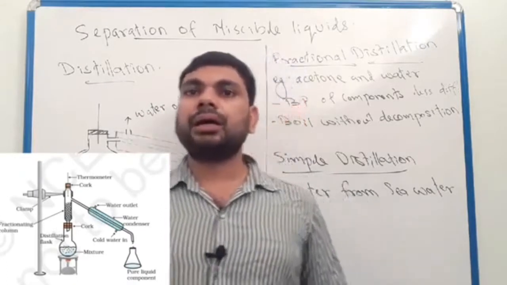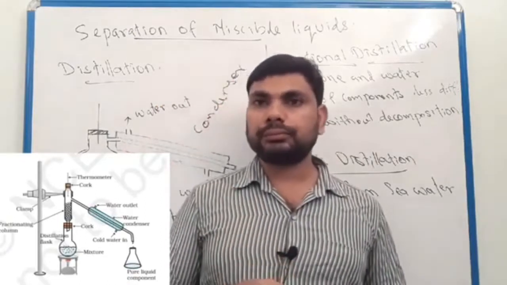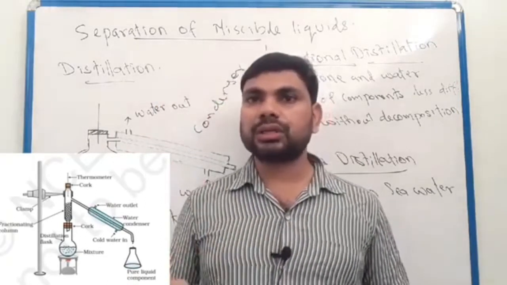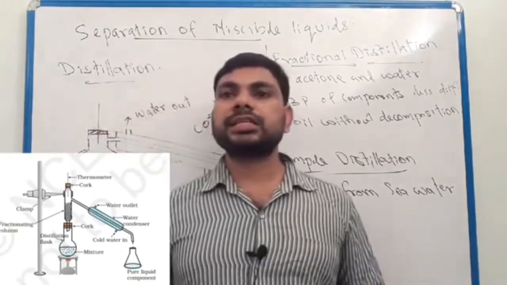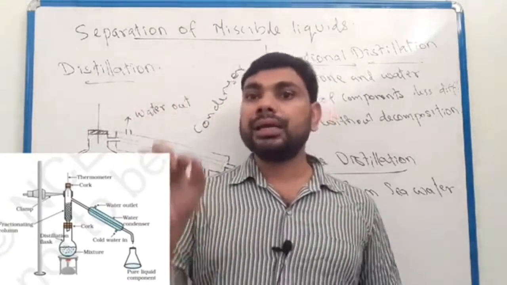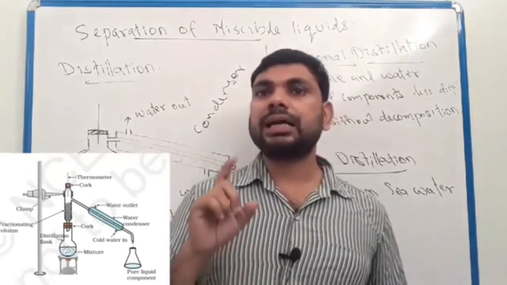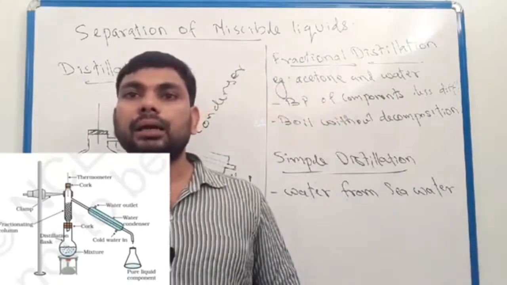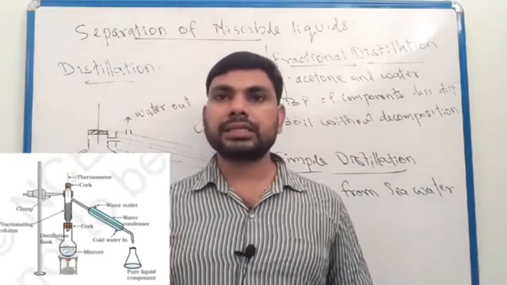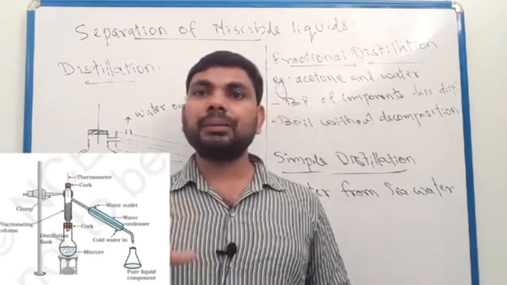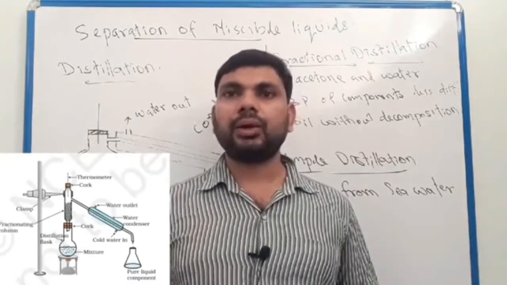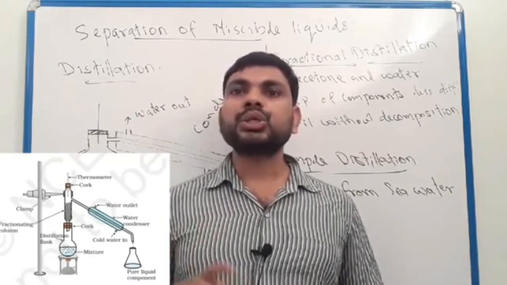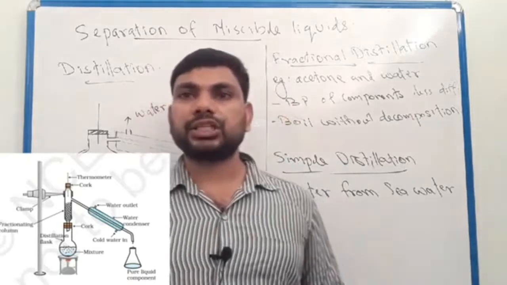For example, alcohol and water. Alcohol will boil at 70 degrees Celsius, and water will boil at around 100 degrees Celsius. So their boiling point difference is around 25 Kelvin, so we can use fractional distillation.